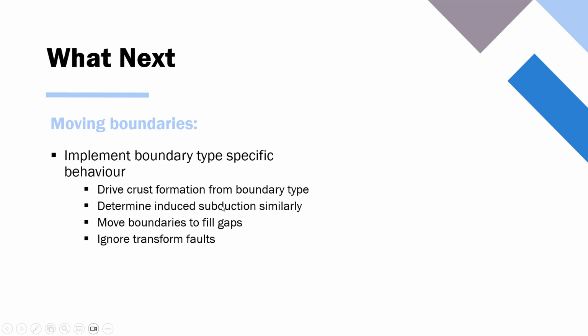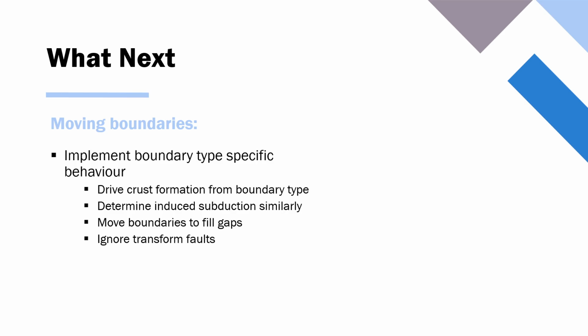Then we want to determine induced subduction in a similar way. Currently induced subduction happens in any plate that passes outside, any point that passes outside of its plate. That will trigger induced subduction. We've talked about that in the past.